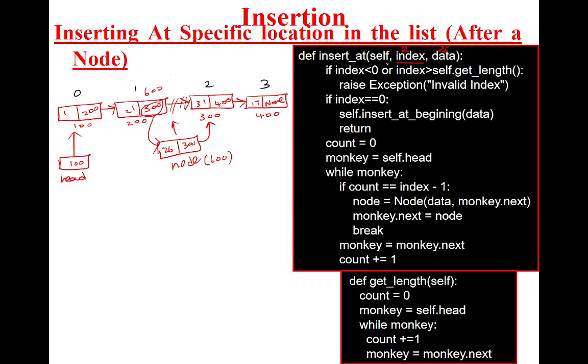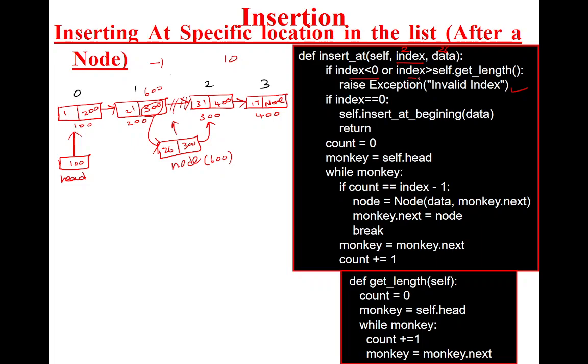First, we have to get the index. If the index is less than 0, it means the user has asked to insert at position -1, which is not valid. We are going to raise the exception invalid index. Or if they give the insert at 10th place but there are only 4 nodes, that is also not possible.